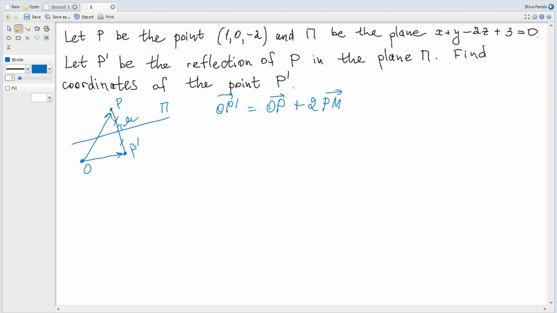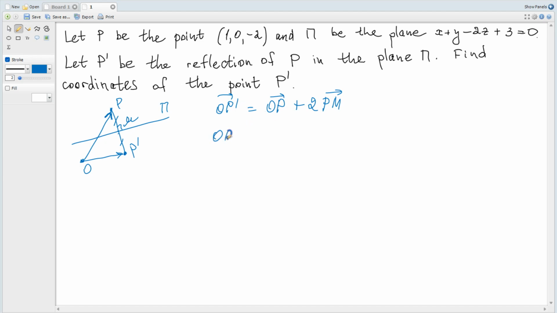So we need the equation of the line through PP prime, then we need the position vector or coordinates of this point M, and then the position vector of the required point P prime can be found.